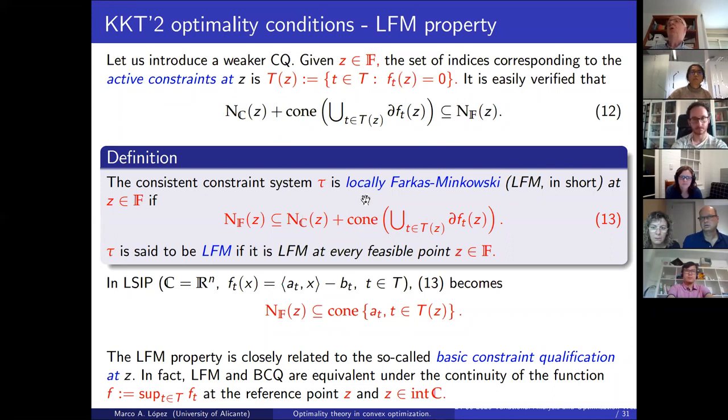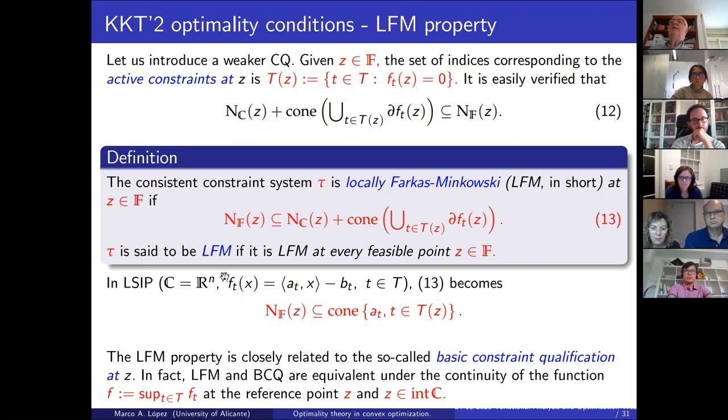This is the so-called locally Farkas-Minkowski. I will say that my constraint system tau is locally Farkas-Minkowski if and only if the opposite inclusion is satisfied here. And so because the inclusion is always true, when the system is locally Farkas-Minkowski, I have equality. This cone is equal to this one.